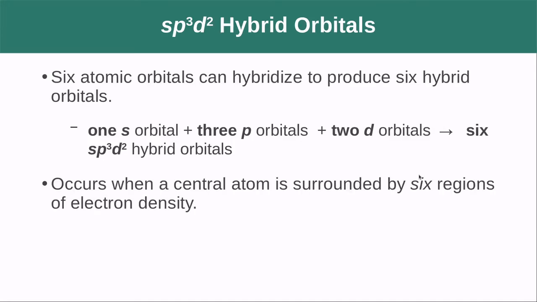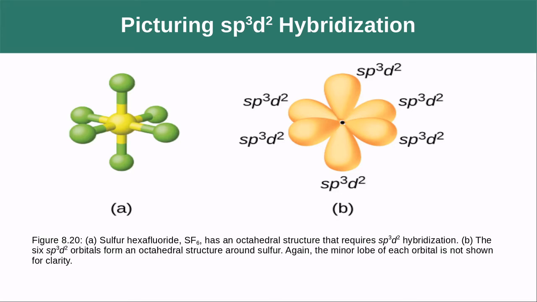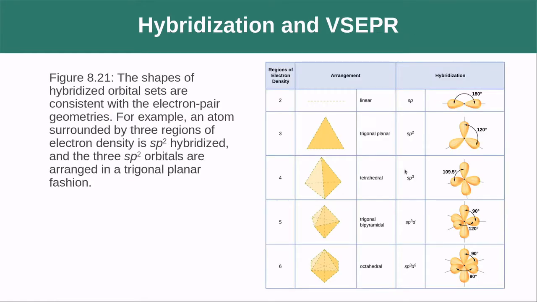And we can even have sp3d2 orbitals with 6 atomic orbitals hybridizing to give us our octahedral structures that we've seen with metals before. If we compare the structures that we got from VSEPR theory with our hybridization model, we see good agreement, and we can now describe 3-dimensional geometries.